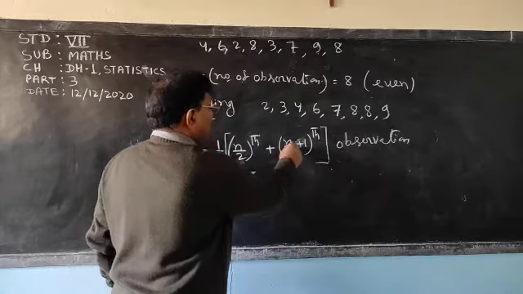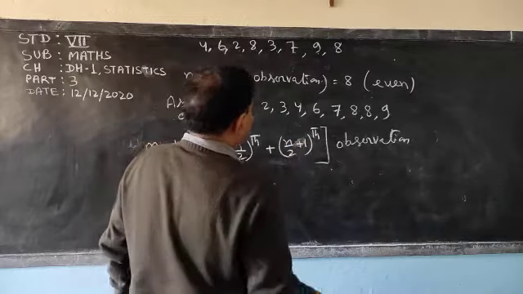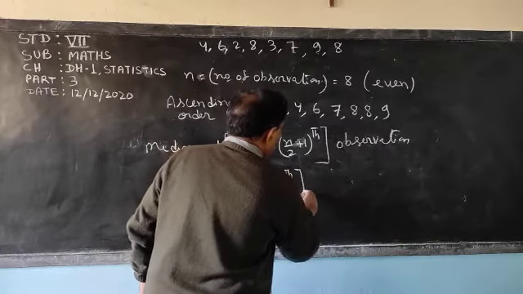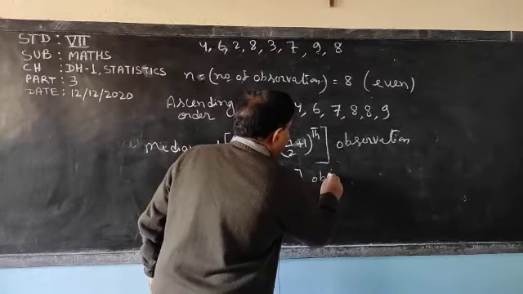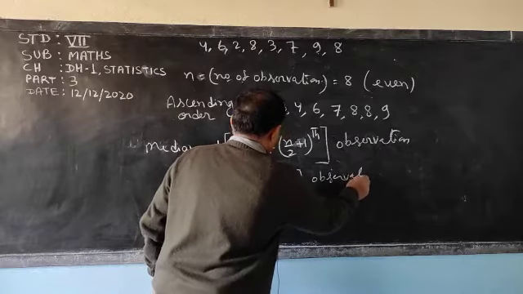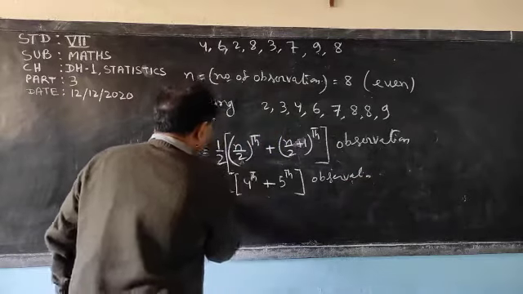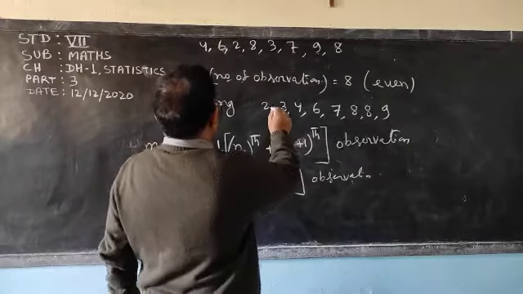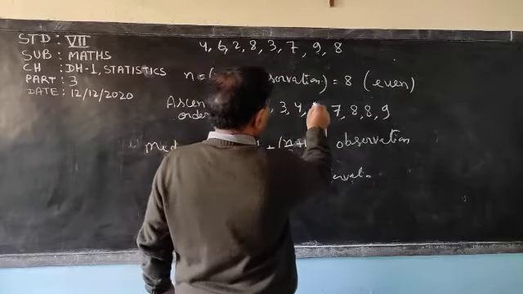plus the fifth observation, divided by 2. Now what is the fourth observation? 1, 2, 3, 4.